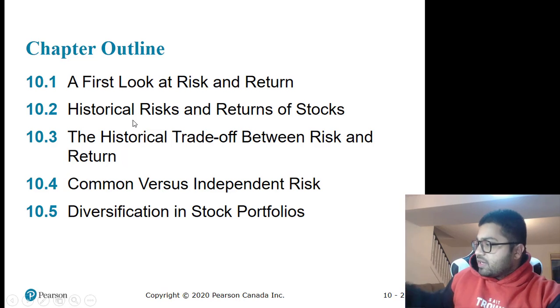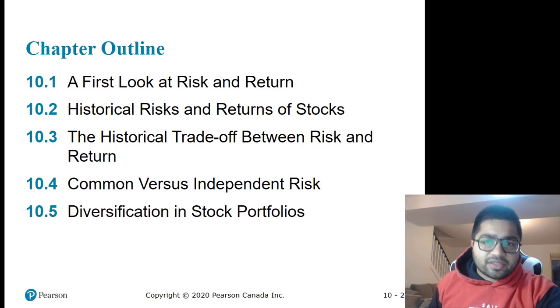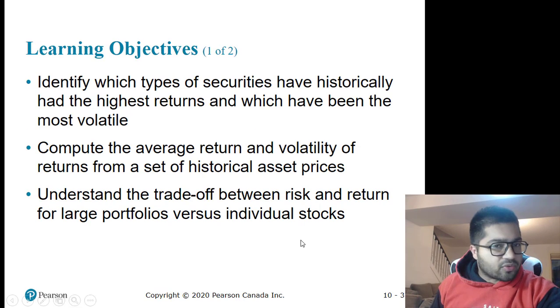In this chapter we'll look at risk and return, then we'll discuss historical risk and return of stocks, the historical trade-off between risk and return, common versus independent risk, and diversification in stock portfolios.